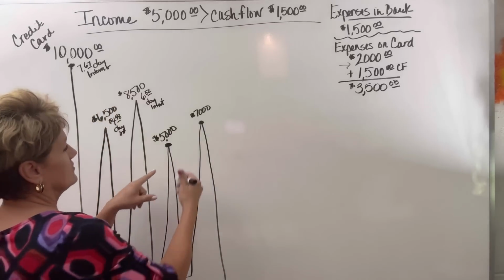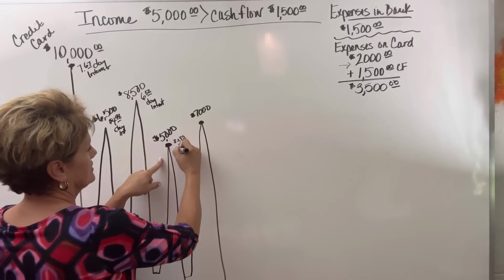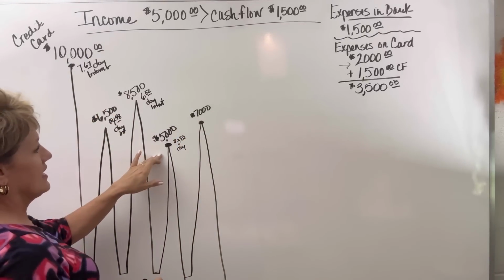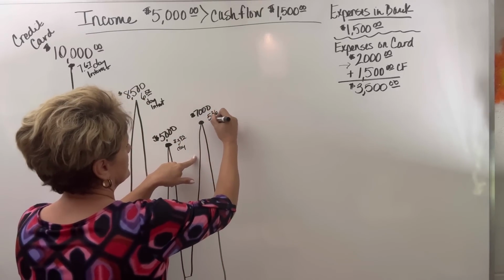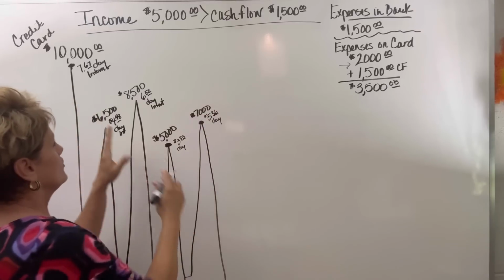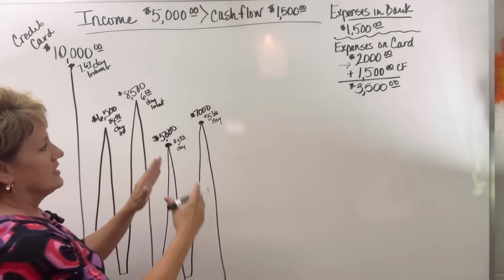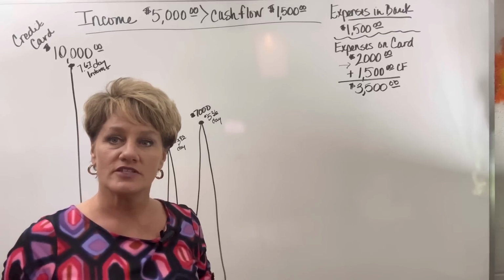So the $5,000 brought that interest down to $3.83 a day in interest charges. See how it's coming way down? The $7,000 is at $5.36 a day in interest. So every time that we move these balances around throughout the month, it knocks the interest back to where we're no longer paying on the whole $10,000.